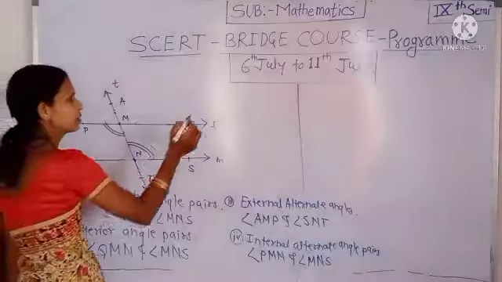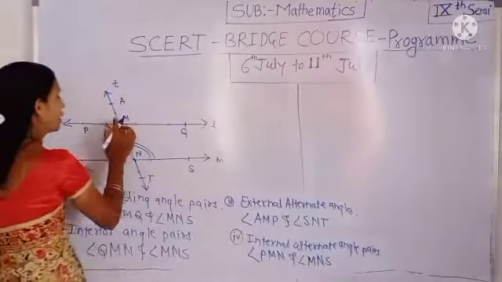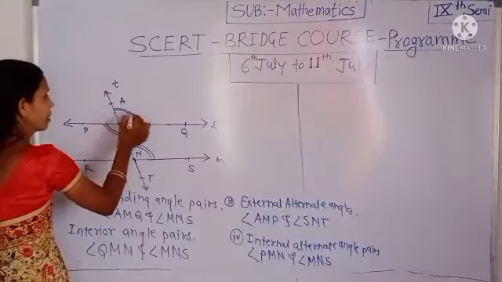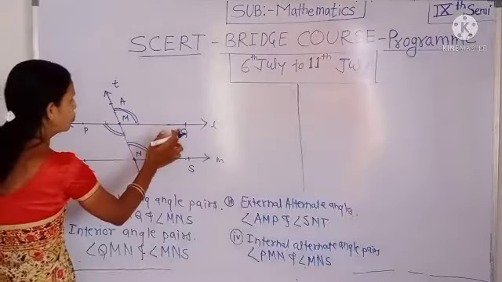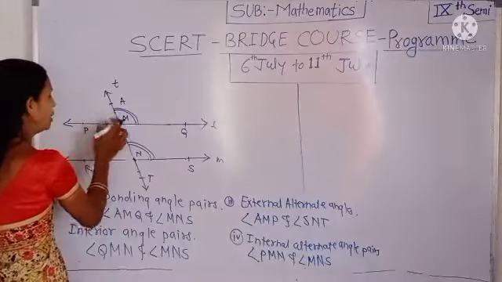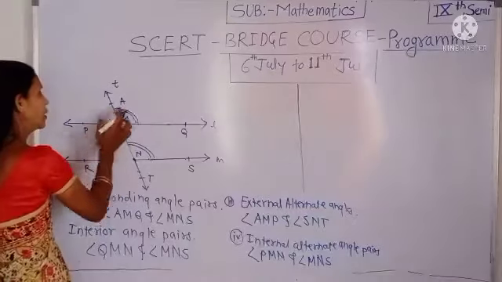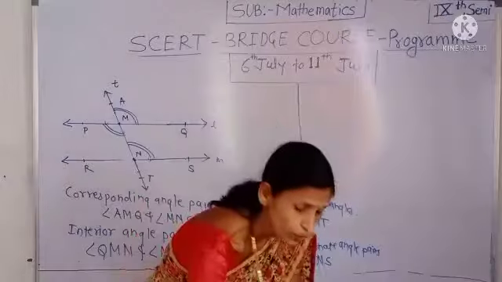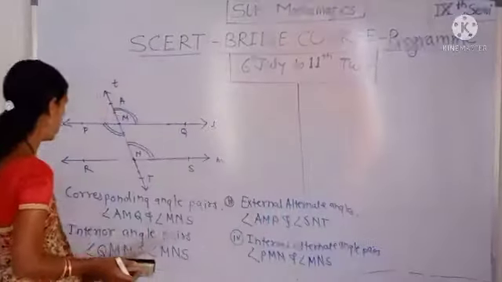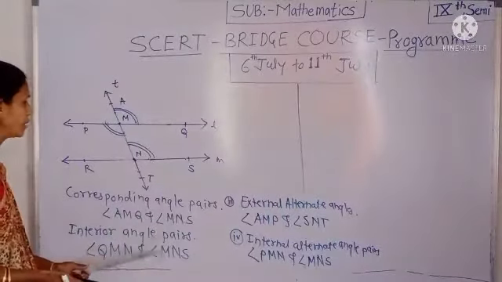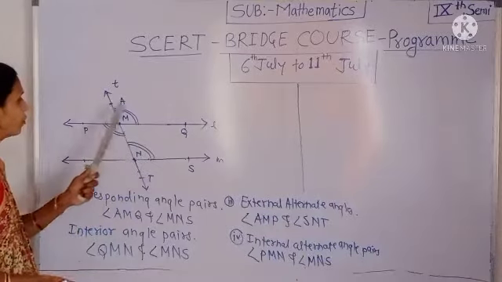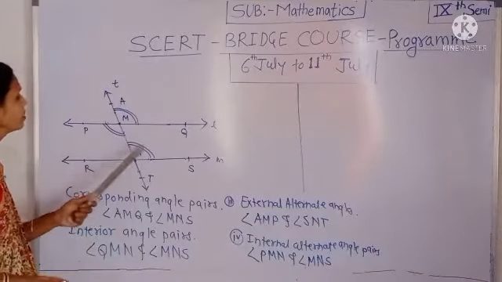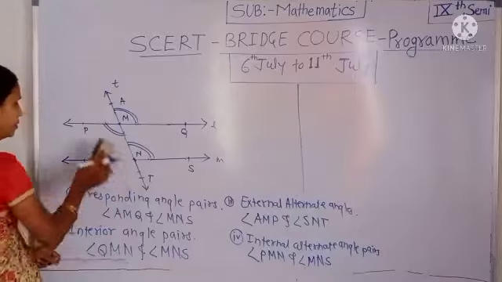And there are vertically opposite angles. Here angle AMQ and angle PMN are the vertically opposite angle pairs. You can find and write the remaining angle pairs from this figure.